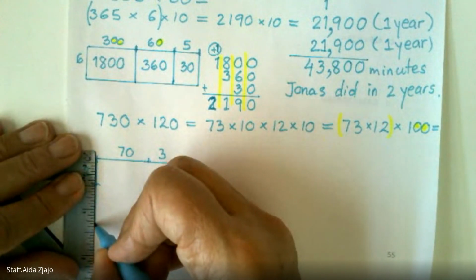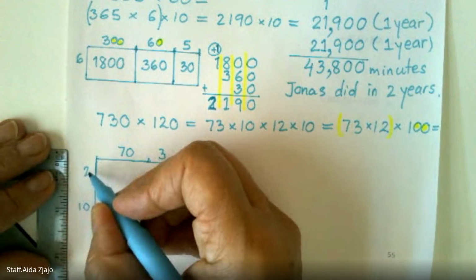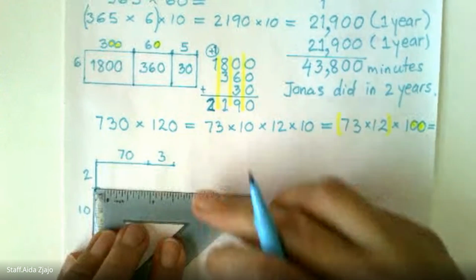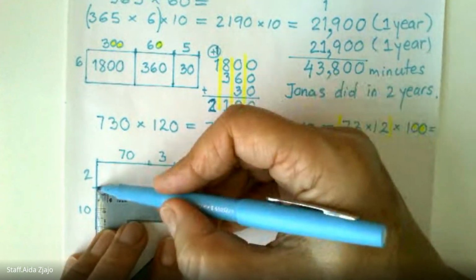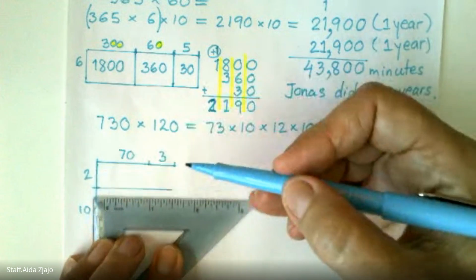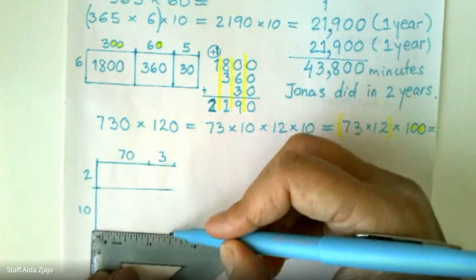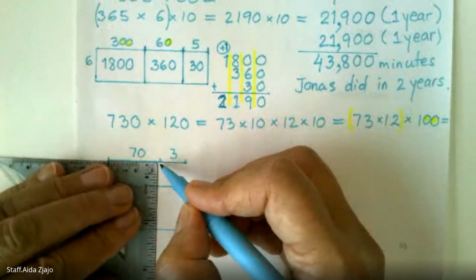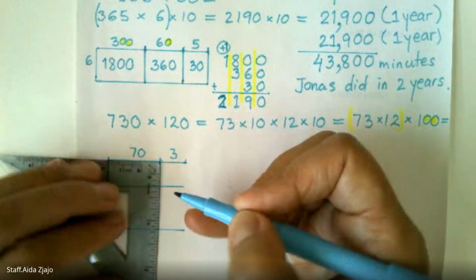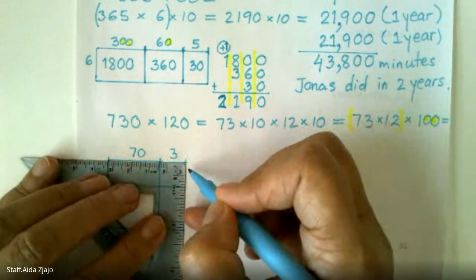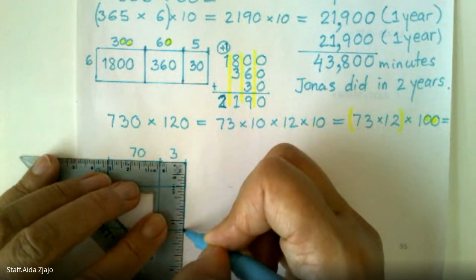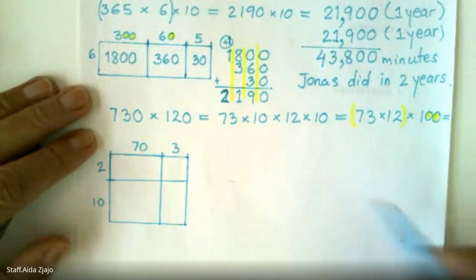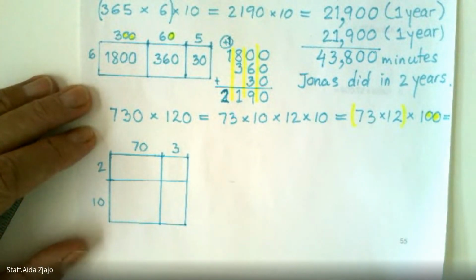If you do the ones first, then tens or hundreds, and add the horizontal way, it will match with your standard algorithm. That's good to know in case you don't know the standard algorithm and you need to find unknown numbers. So you can do an area model, and then you can connect that with the standard algorithm.